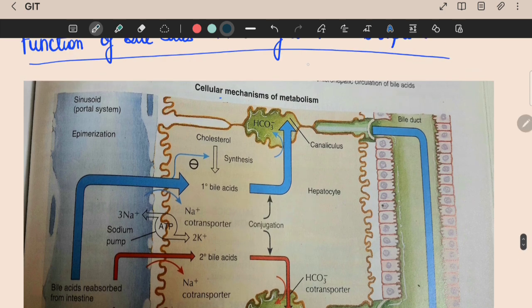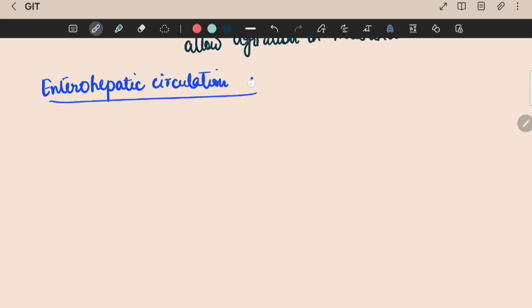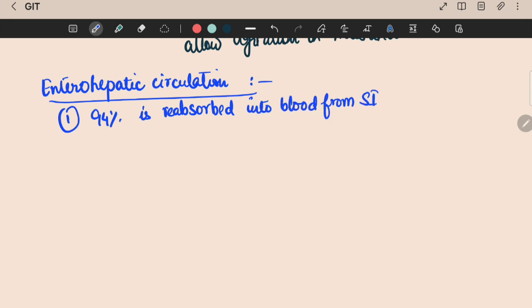Mainly, if I write over here, enterohepatic circulation. First point: 94% is reabsorbed into blood from the small intestine. About half of it happens through the mucosa in the early portions of the small intestine by diffusion.